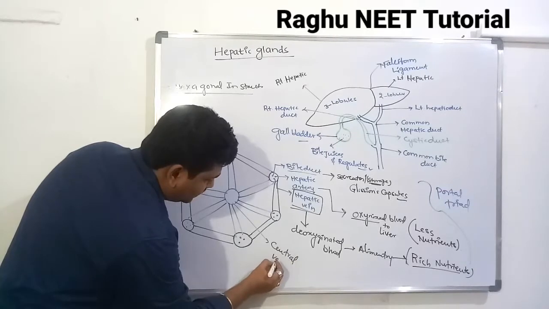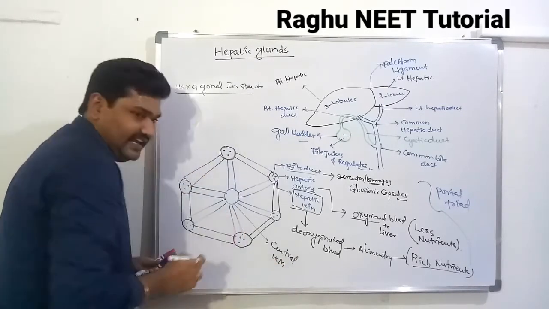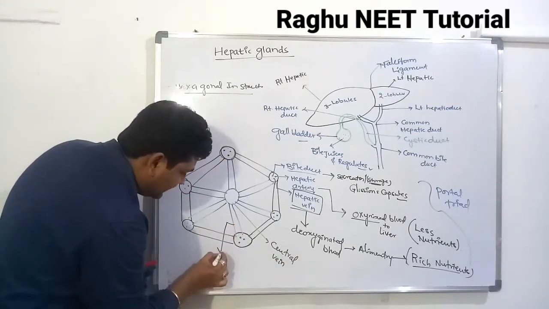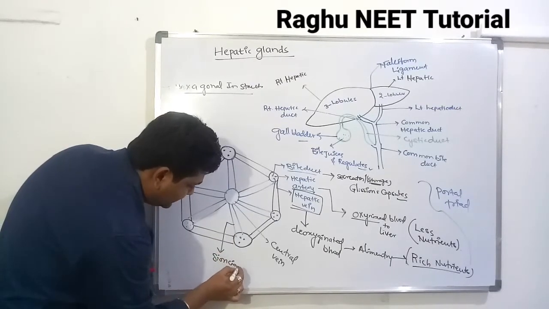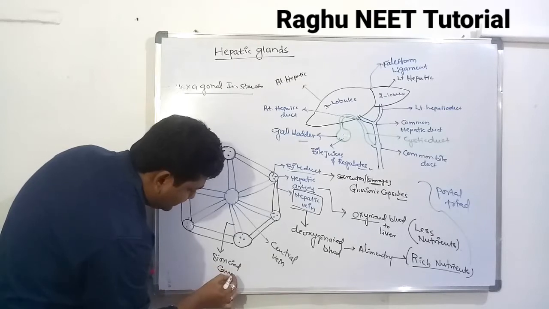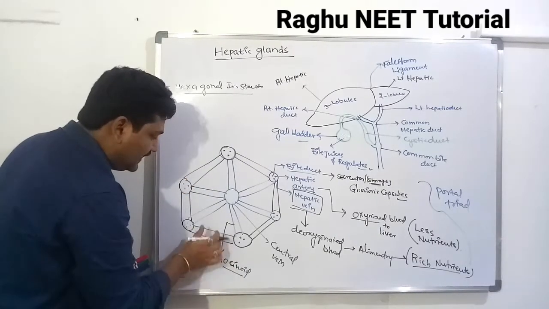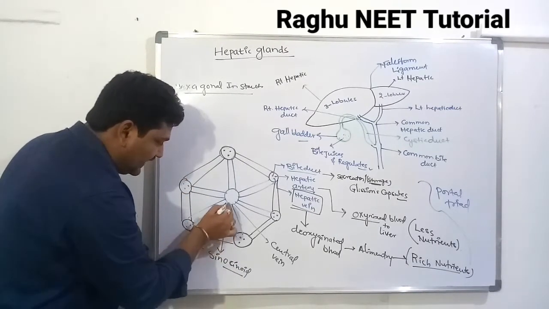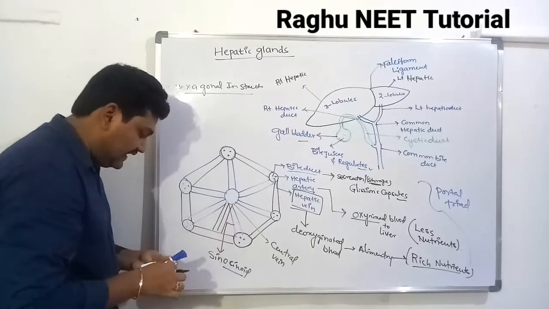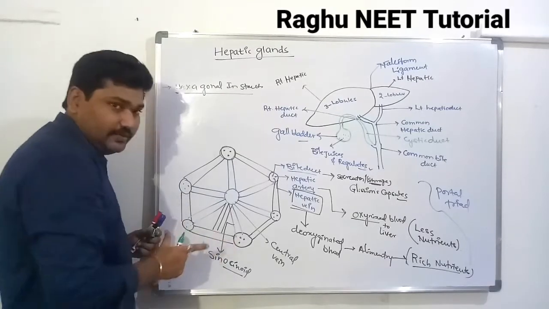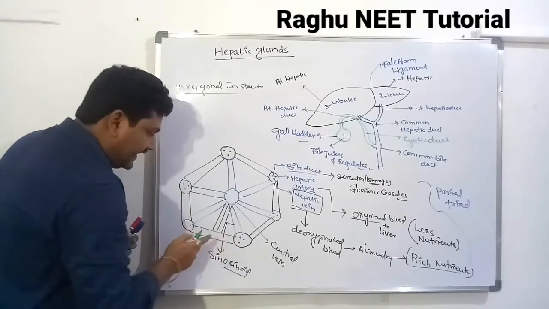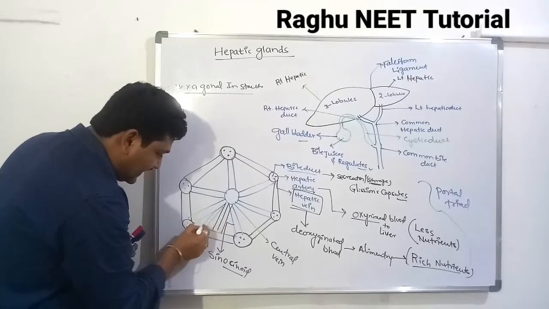Through one region, called the sinusoid canal. Between two portal triads, there are cells present.